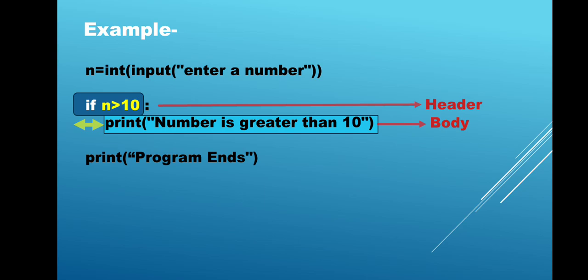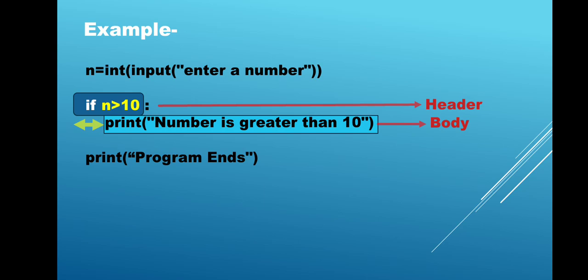But suppose the condition is false, that is, the number is not greater than 10. Then the body of if is skipped and only the last statement, which is outside if, is executed and the message "program ends" is displayed.